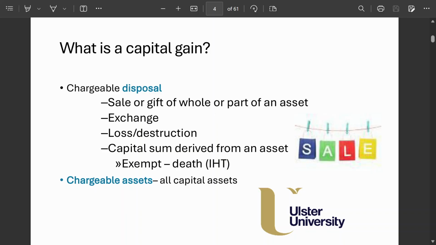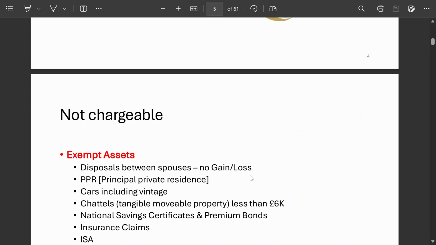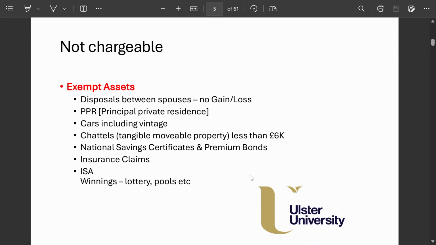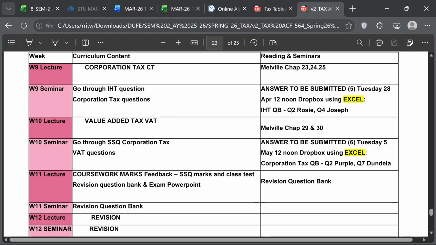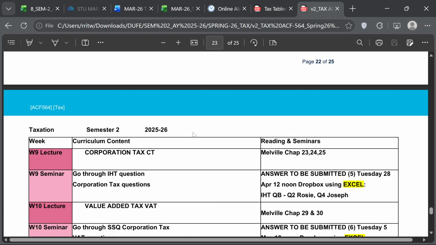Okay, so chargeable assets. All capital assets are chargeable, and what is not chargeable? Everything is chargeable except for the statutory exemptions. So you need to remember these statutory exemptions. As I mentioned to you also, when you're studying any particular topic, we only have so few topics.